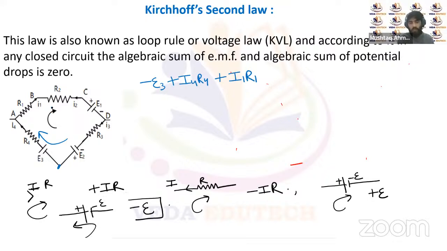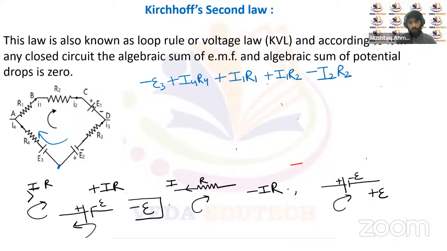So I will take this as plus I1 R2, and the second one as minus I2 R2. This is the convention I will follow, because the I2 current flowing through R2 is moving opposite to the direction in which I'm moving, so I'll take it as negative.